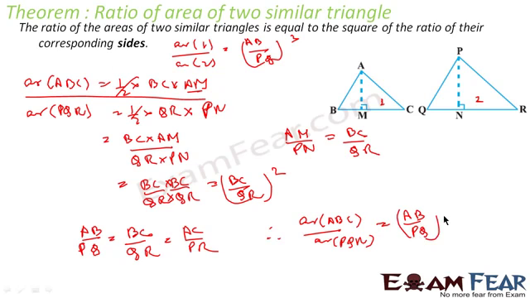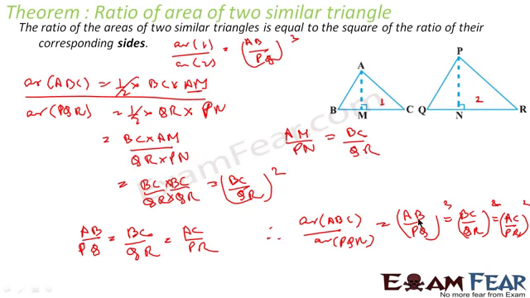It becomes AB by PQ square is equal to BC by QR square. This is also equal to AC by PR square. Correct?